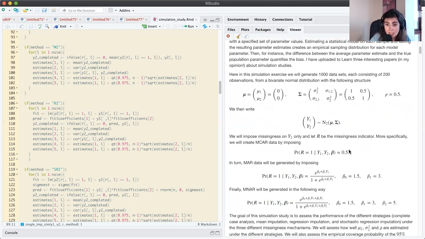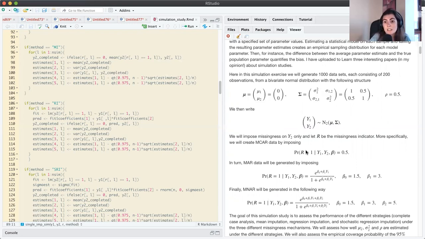And then, as I said, we will study the performance of the different approaches, and we will consider the three different missing data mechanisms. So we have two variables, y1 and y2 is subject to missingness, okay?